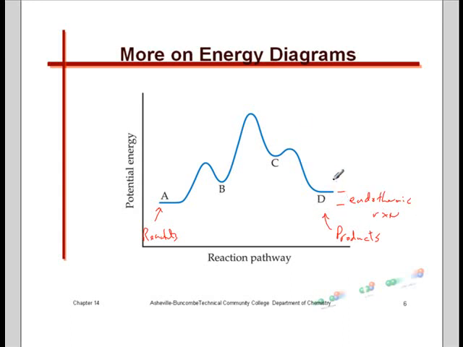I said activation energy. Well, each bump has a different activation energy. So there would actually be three different activation energies for each of these elementary steps. Each bump here represents a separate chemical reaction, really.